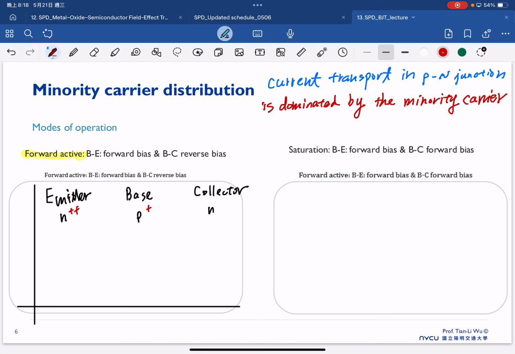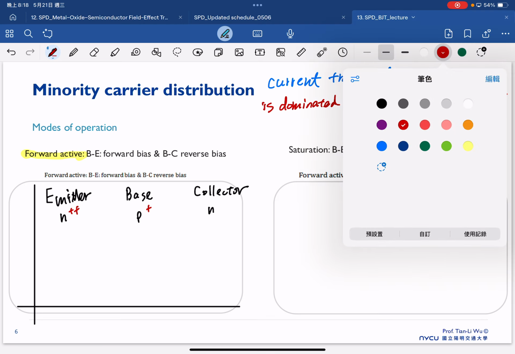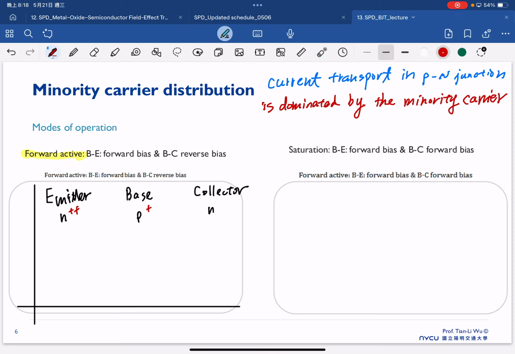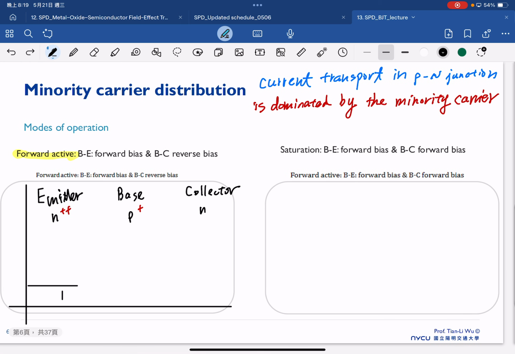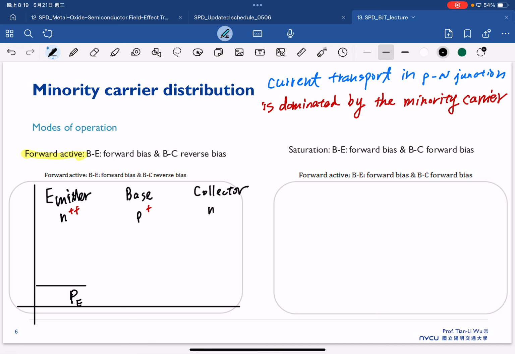And then, because what we are trying to draw is the minority carrier concentration, and because this is N plus, we can expect that the doping concentration in the emitter, where the majority carrier is electron, is high, and therefore the minority carrier must be the hole, which is P, PE0.